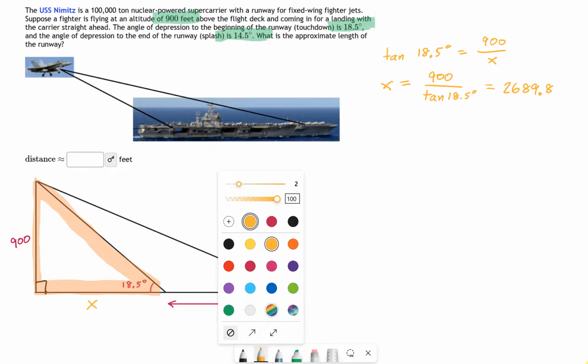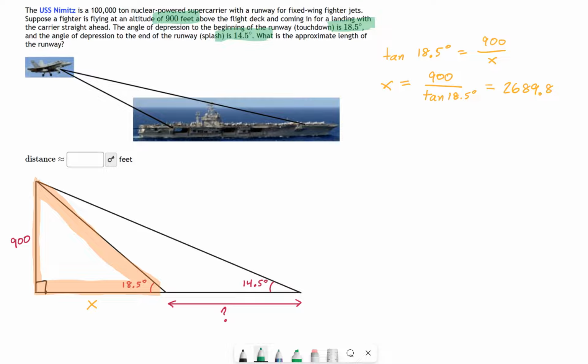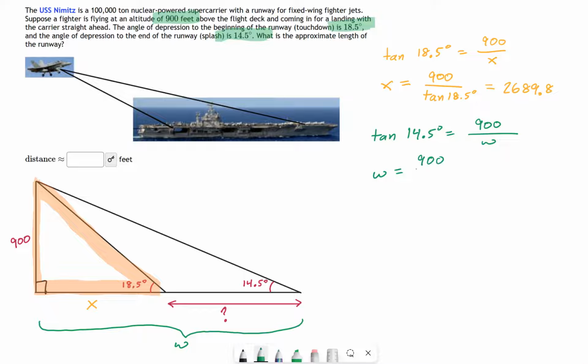Now let's make another letter, and we'll call this one, I don't know, W. Okay, and that's going to go this entire length of the thing. That's going to be my W. And I'm going to set up a new equation and say, okay, tangent of 14.5 degrees equals, again, 900 is the opposite, divided by, this time, it's W. So move things around a little bit, you get 900 over tangent of 14.5 degrees.